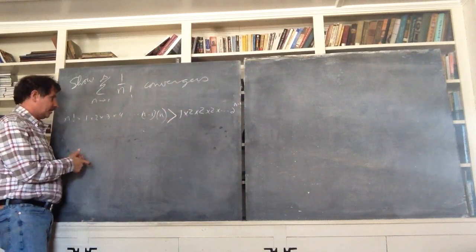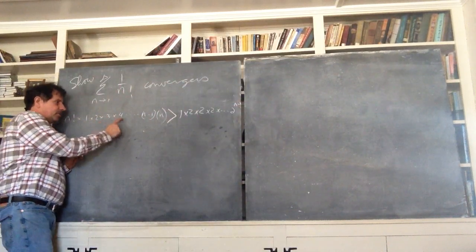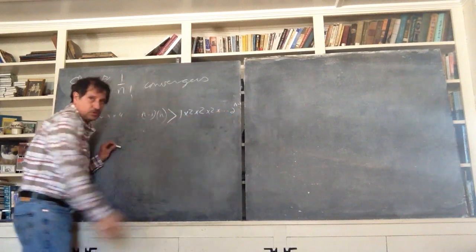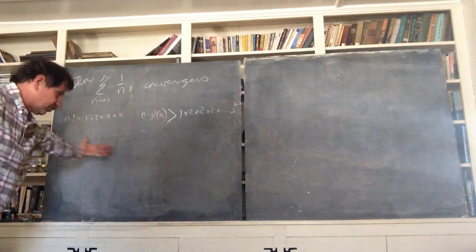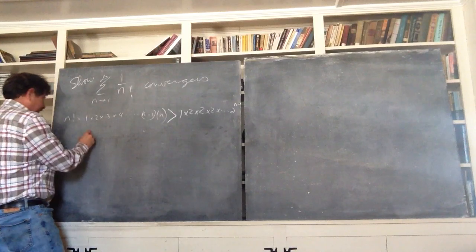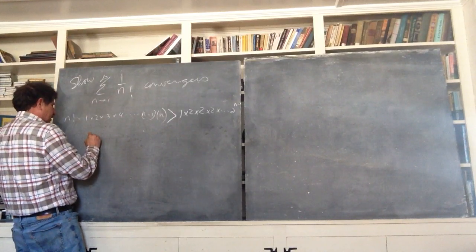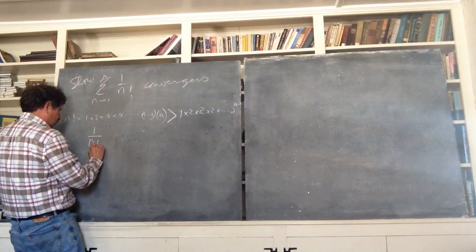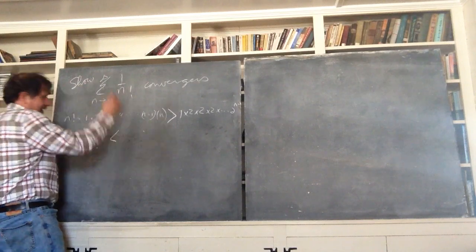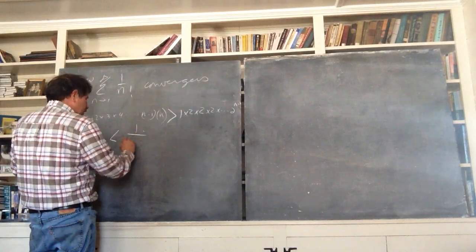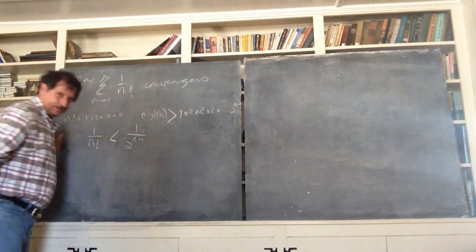It's greater than, because here I'm multiplying by 3, I'm multiplying by 4, here I made just 2's. So if that's true, then here's my second mistake, then 1 over n factorial is strictly less than 1 over 2 to the n minus 1.